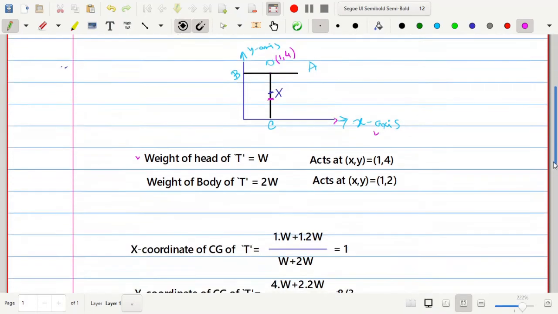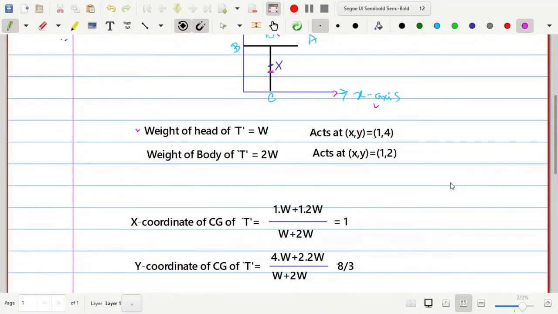Now we can find the CG by formula. The X coordinate of the center of gravity of the composed body: one weight is acting at this point and another weight is acting at this point separately, but then what is the CG of these two?